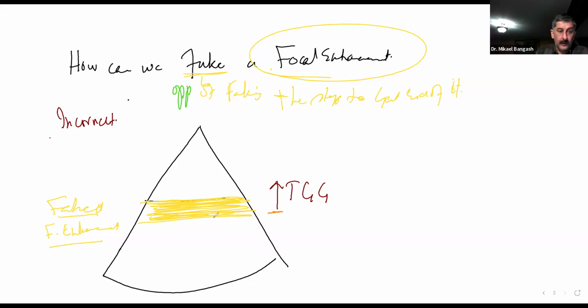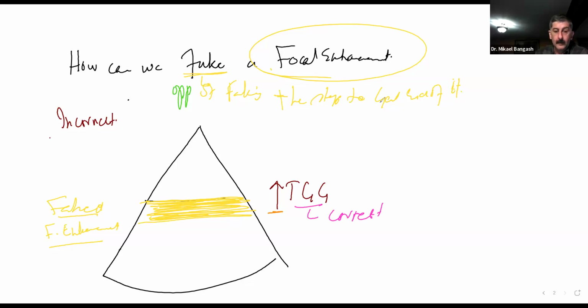So if you see a focal enhancement like this, what will be a step to correct it? Or we can say, get rid of it.